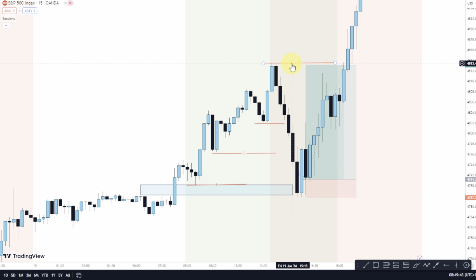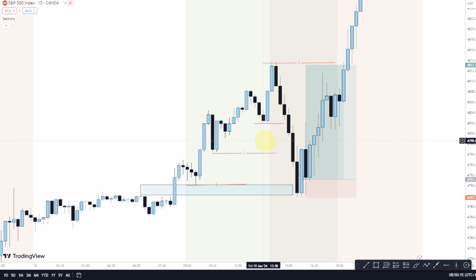Whenever you use this concept, you need to pay attention to the period prior to the 9:30 New York stock market opening. I'm using New York time, but if you're Nigerian, that should be around 3:30, because the New York stock market opens at 3:30 Nigerian time. So you pay attention to the opening and wait for price to sweep out the liquidity.